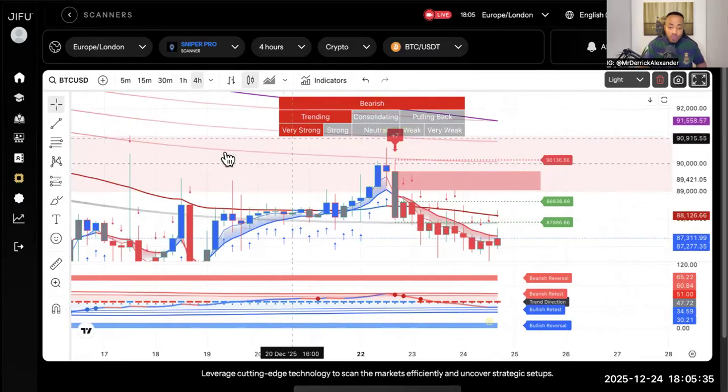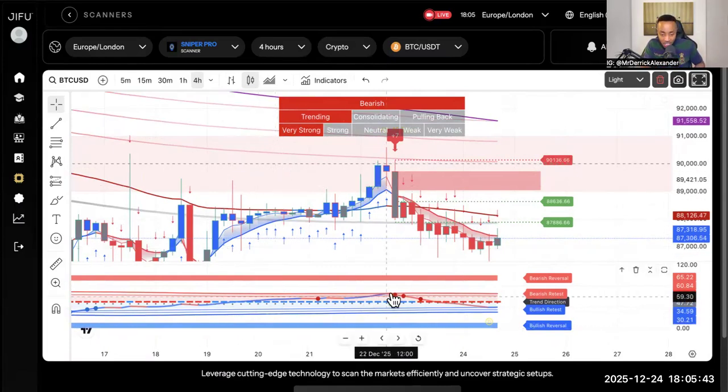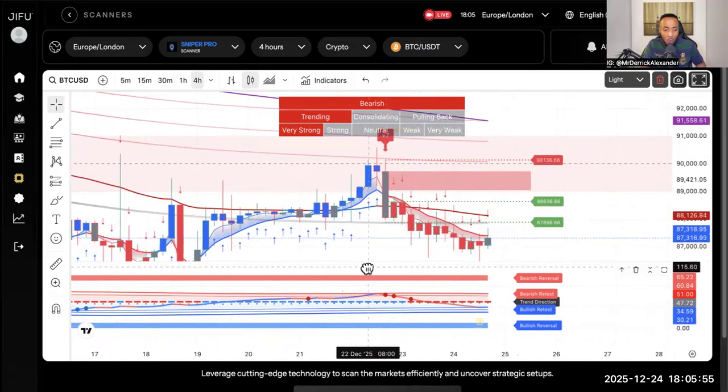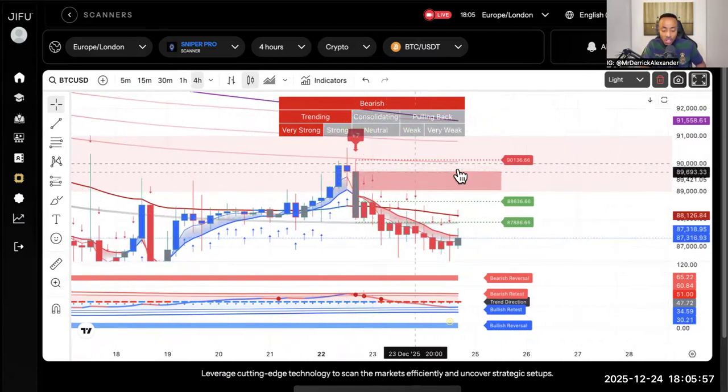So this red banking level here is showing, okay, this is typically an area of a retest or an area of reversal. As you can see here, bearish retest, right? Up here is bearish reversal, right? But still, it's showing you this is an area of bearish movement, okay? So now what we're looking at is this zone.